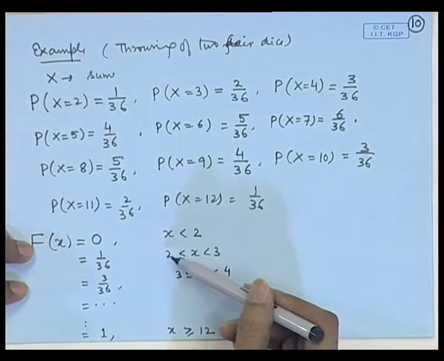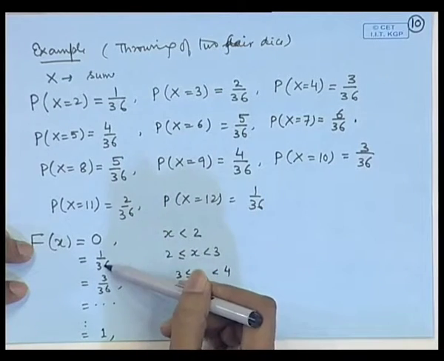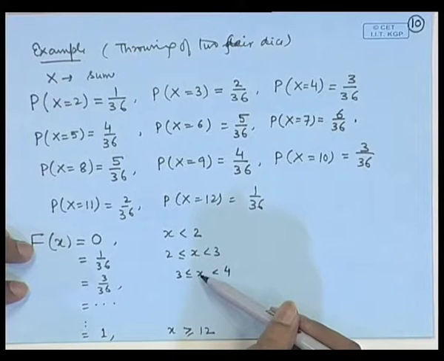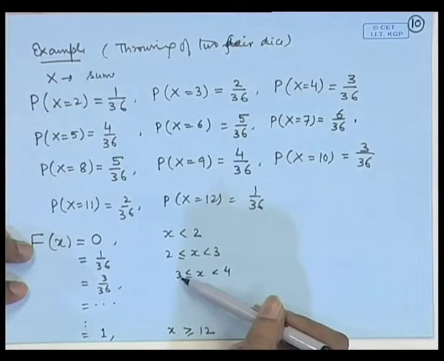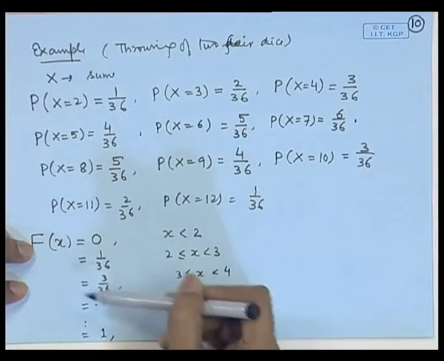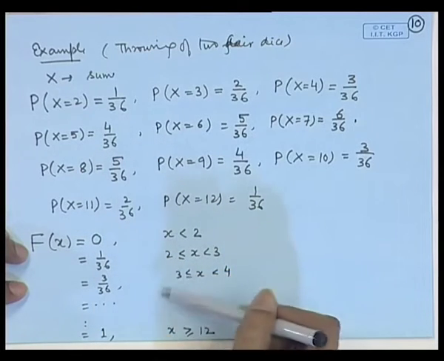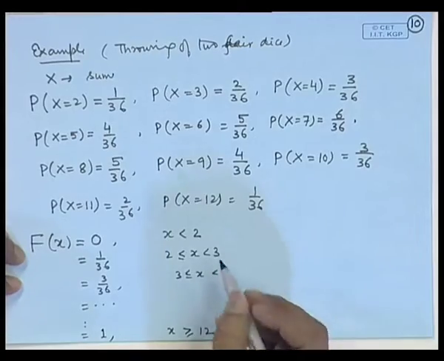Suppose I look at x equal to 2, then the right hand limit at x equal to 2 is 1 by 36, and the value at x equal to 2 is equal to 1 by 36. If I take the right hand limit as x tends to 3, the value is 3 by 36, and the value at x equal to 3 is 3 by 36. So, the properties of the cumulative distribution function are satisfied here.